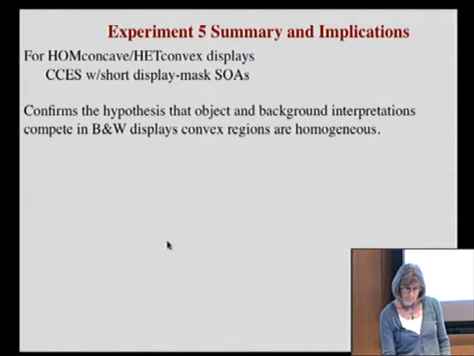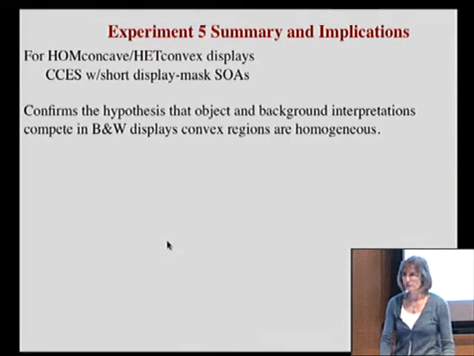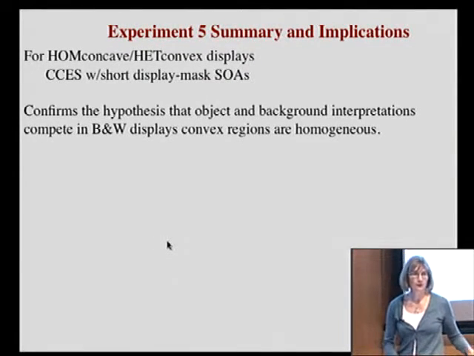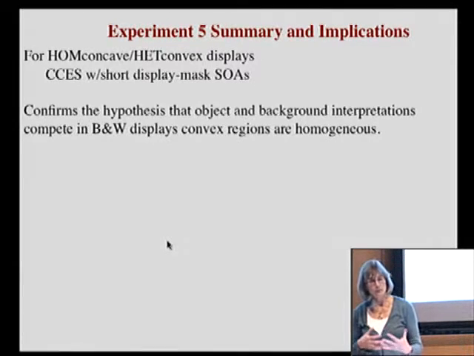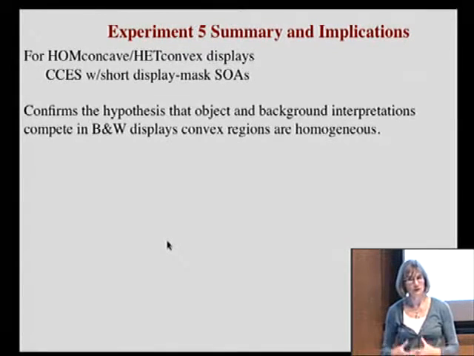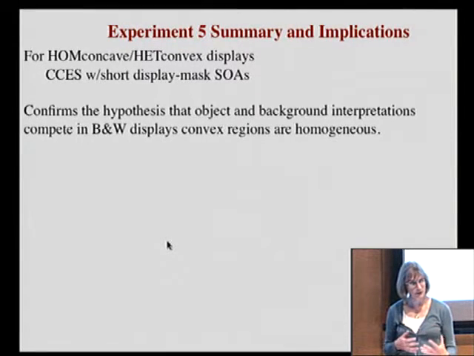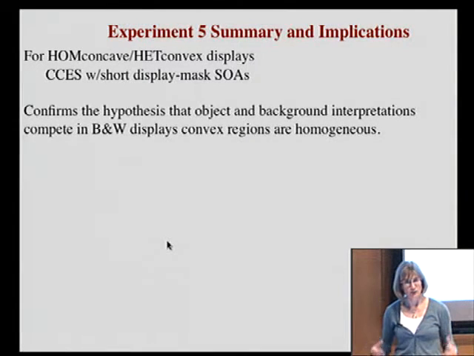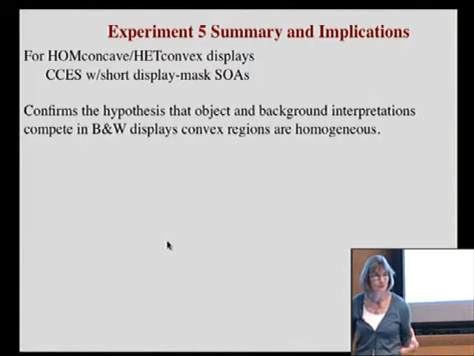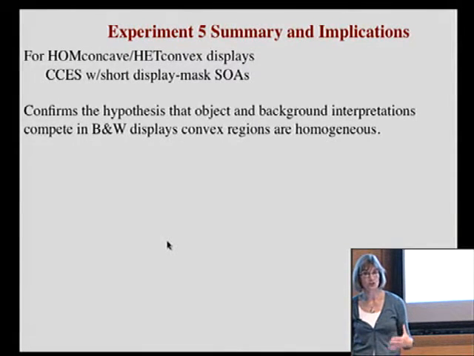So, this pair of experiments, we think, confirms the hypothesis that there's a whole lot of competition going on between the different interpretations that might be fit to these displays. In the black and white displays, where both the convex and the concave regions are homogeneous, the brain is trying out a number of organizations before it determines what regions are figure.